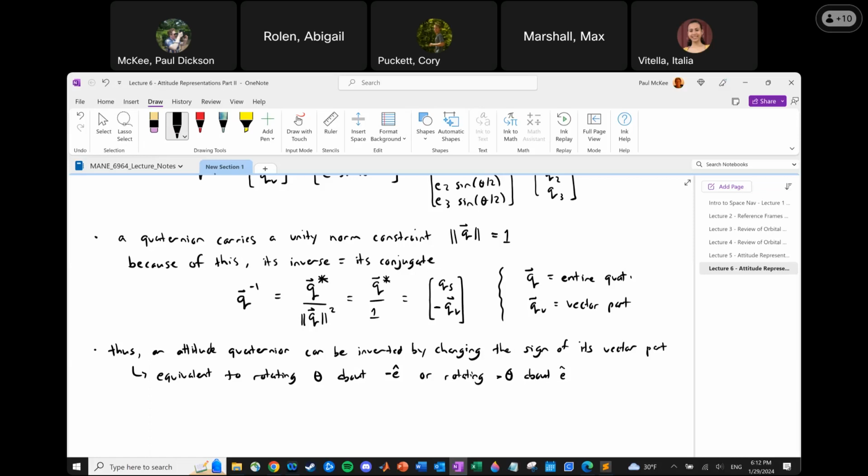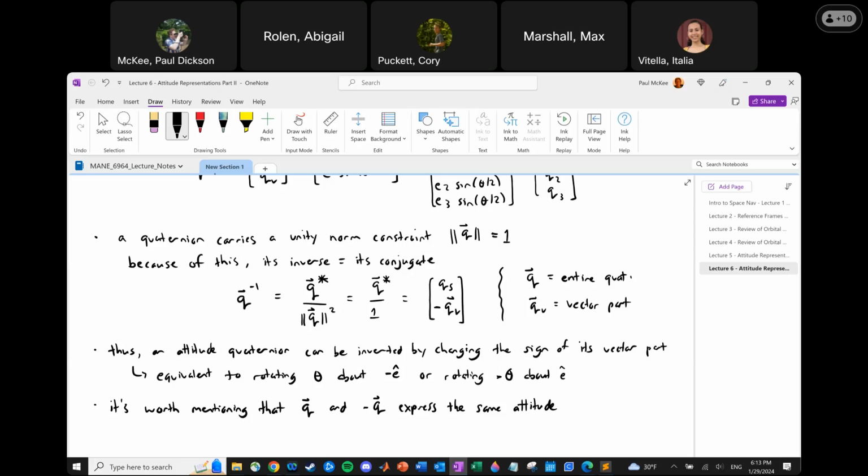It's also worth mentioning that Q and negative Q express the same attitude. I've run into this problem before where if you're running some program and you expect to get a certain quaternion and you immediately see a minus sign in the wrong place, your heart drops.